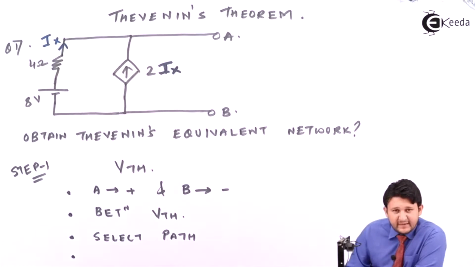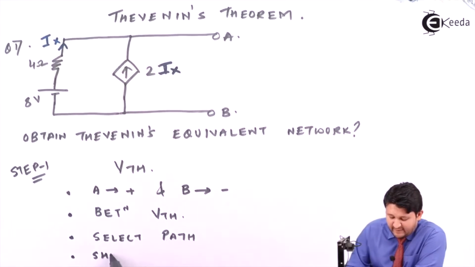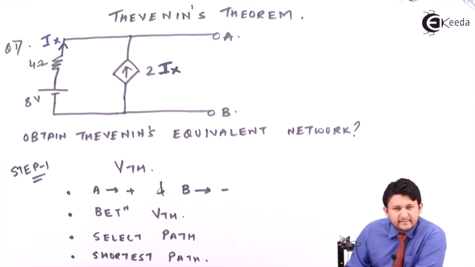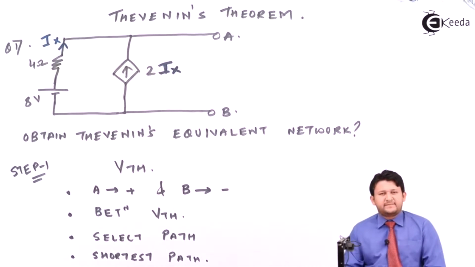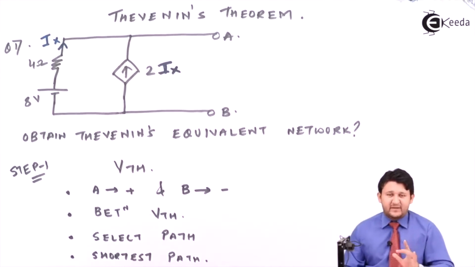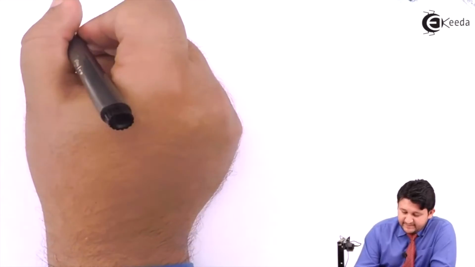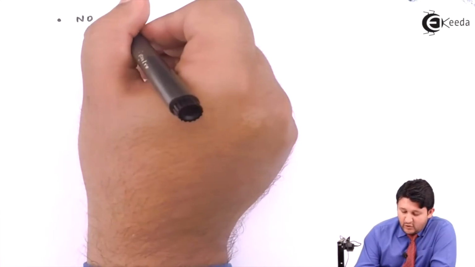Fourth point, shortest path. But the logic is that when I say a path, the path should be selected in such a manner that there shouldn't be any current source in that path. So next point, no current source.